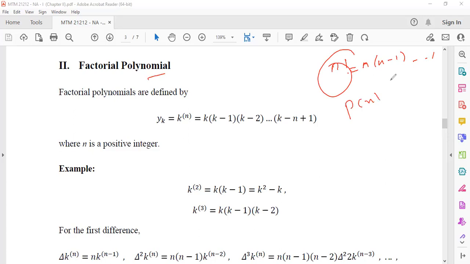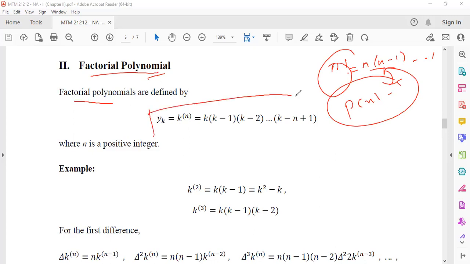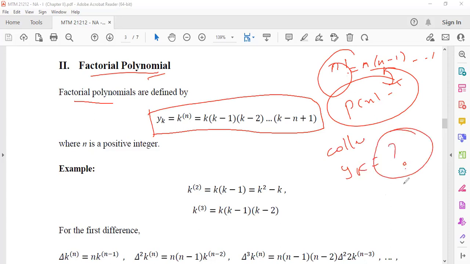If it is combined, we call it a factorial polynomial. So the factorial polynomials are defined in this way. In the collocation polynomial, yk, we have seen already, so you have to memorize it. Similarly, this is a factorial polynomial.